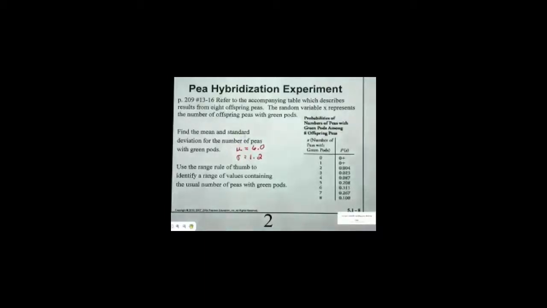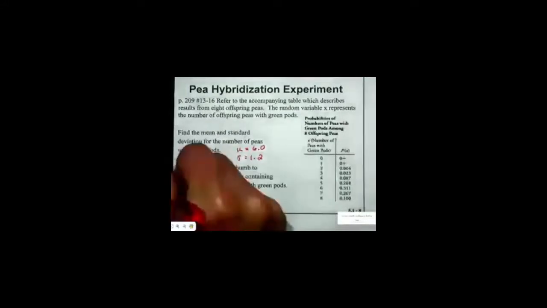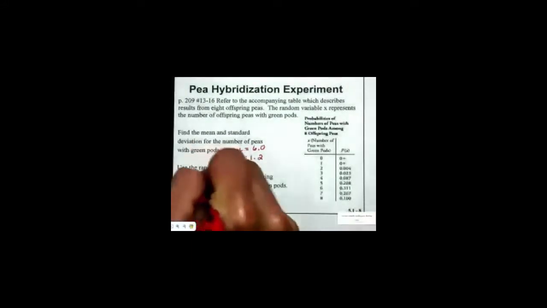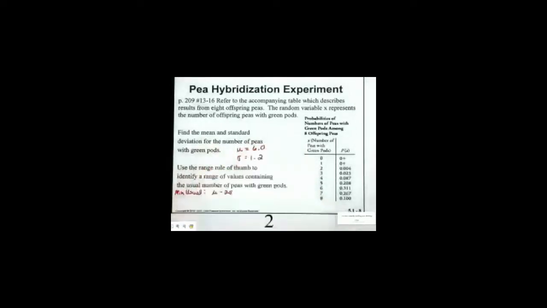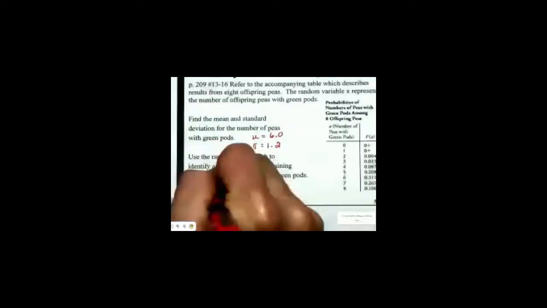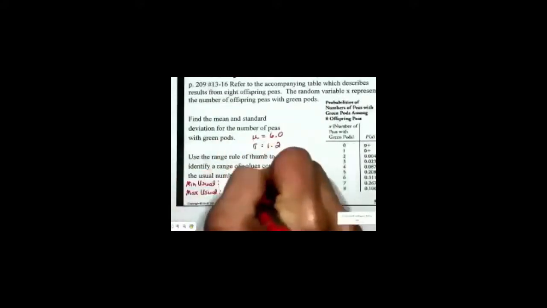Well, the minimum usual is always the mean minus 2 standard deviations, and the maximum usual is always the mean plus 2 standard deviations.